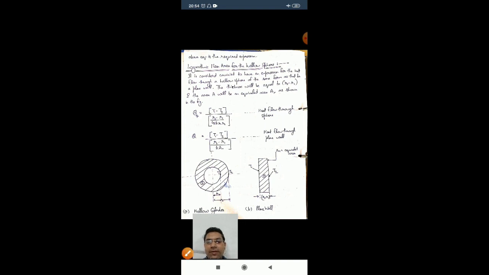Since the heat transfer is assumed to be the same for the sphere and its corresponding plane wall, heat transfer through the sphere is given by this equation, and through the plane wall is given by this equation, and this is the equivalent area or the representation of hollow sphere to the plane wall. Sorry, it is written as a cylinder, but it is a sphere.